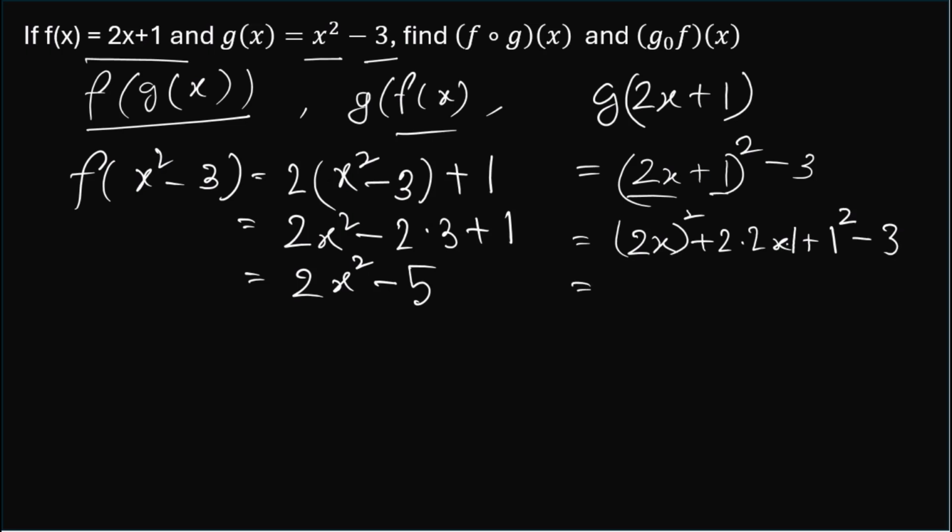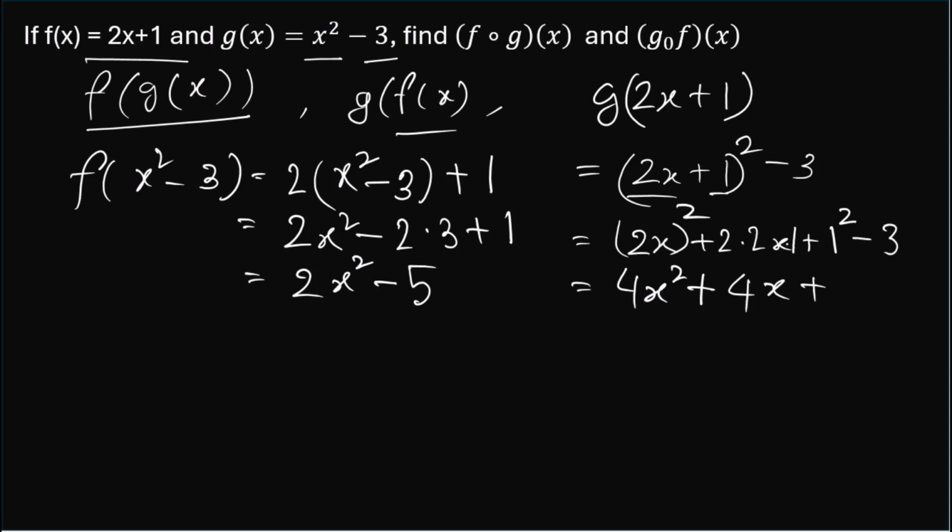So we will get, sorry, here is a mistake, so this will be power 2. Okay, so now we will get 4 times x power 2 plus 2 times 2, equal 4 times 1, 4 times x, plus 1 power 2.